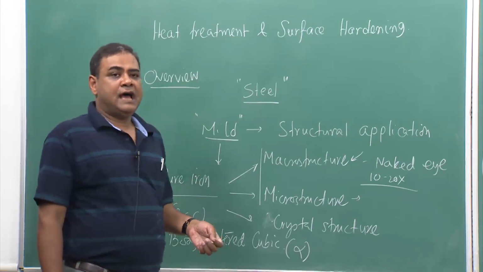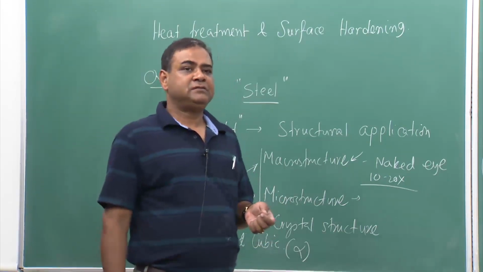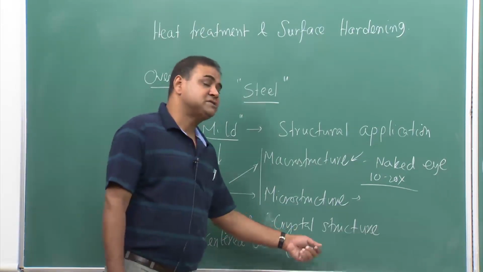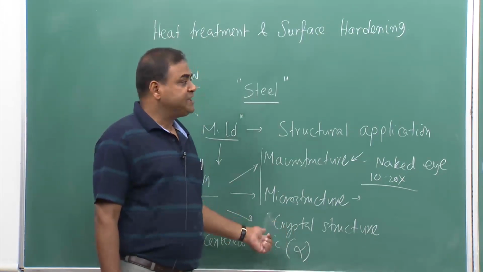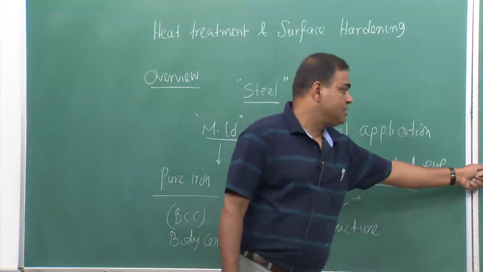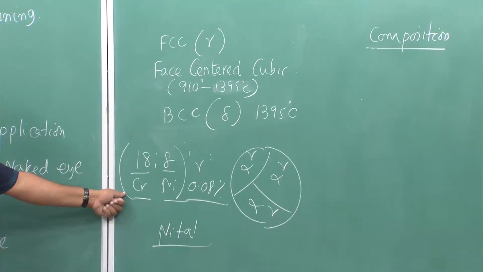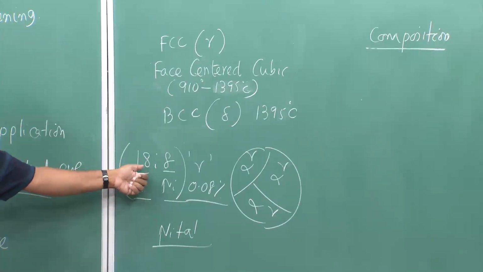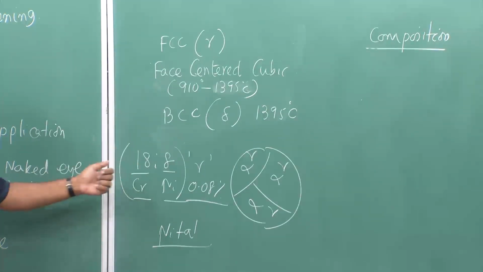As we change the temperature we see different structures appearing, which are basically nothing but the crystal structure. And if we change the composition, for example, we talked about gamma iron, which is nothing but 18-8 stainless steel, which has a crystal structure of gamma or FCC.